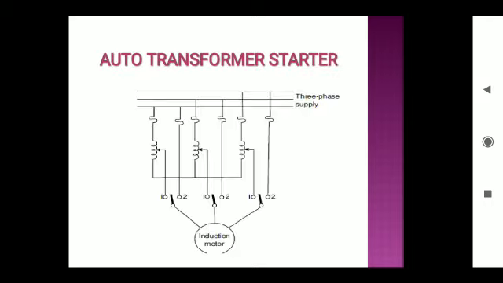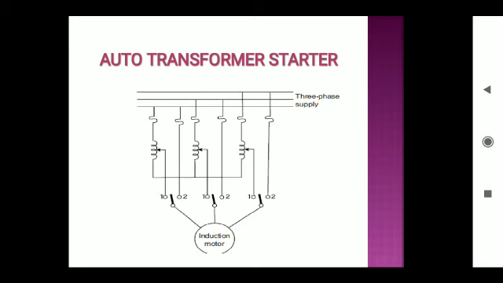Next, the auto transformer starter. An auto transformer starter is suitable for both star and delta connected motors. In this method, the starting current is limited by using a three-phase auto transformer to reduce the initial stator applied voltage.